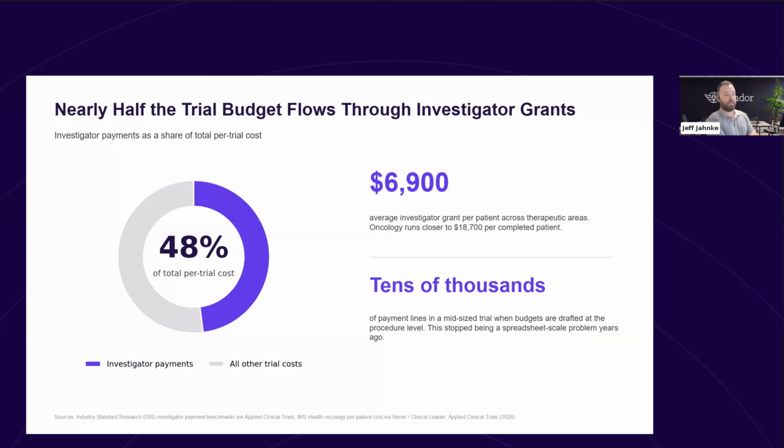And just the volume of data, because everything is tracked at a transaction level, those patients can generate tens of thousands of line items of individual transactions that all have to be verified for accuracy, both against whether or not that activity actually occurred, whether or not the site earned that money through screen fail caps and ratios, things like that, and then also validating that the cost being invoiced by the site is correct.